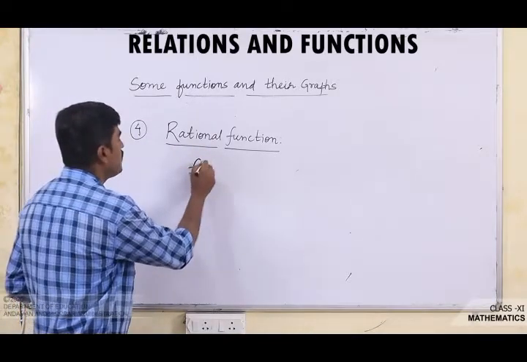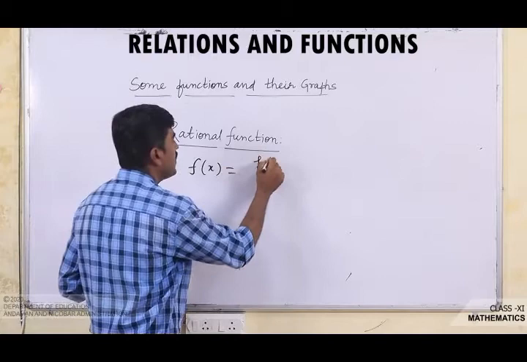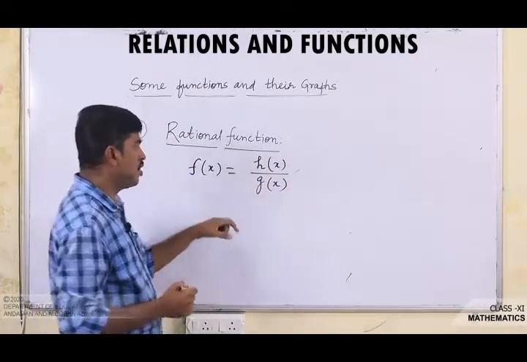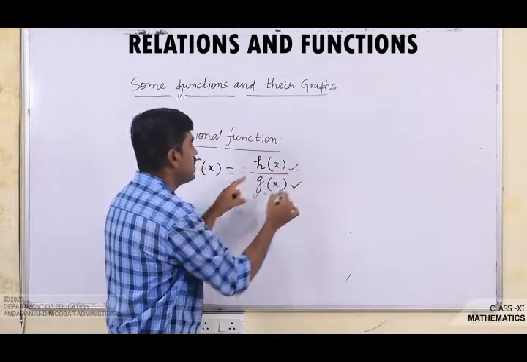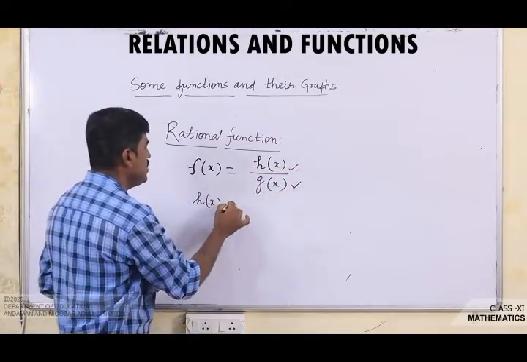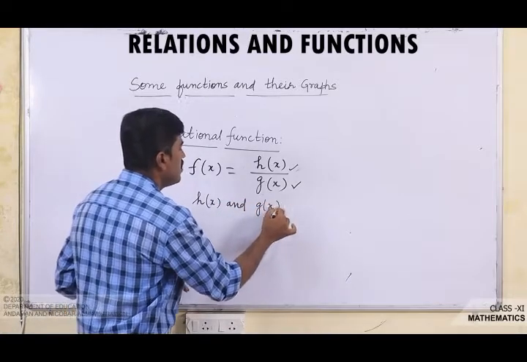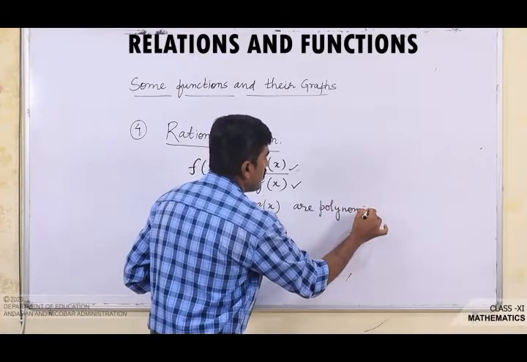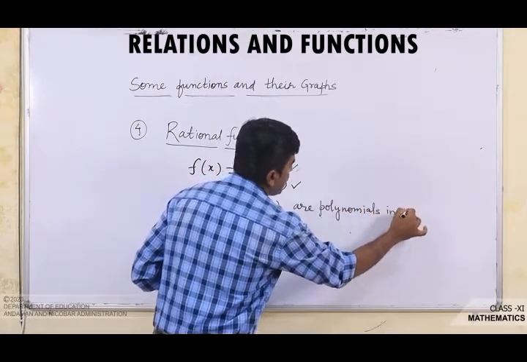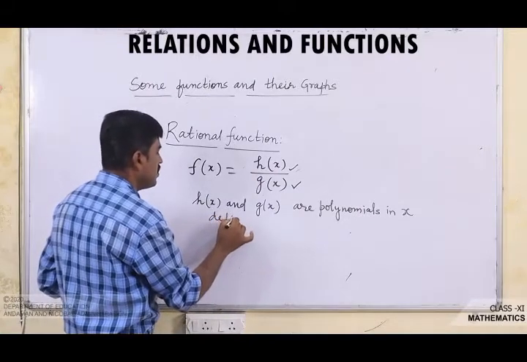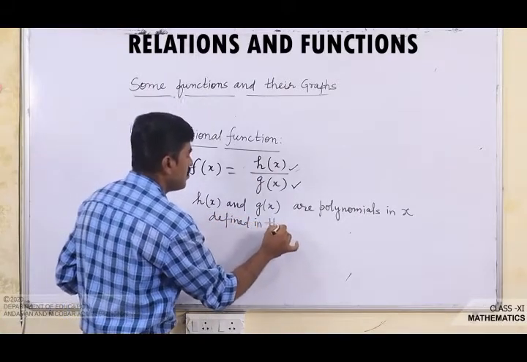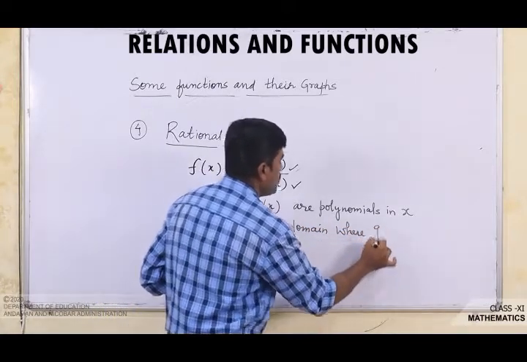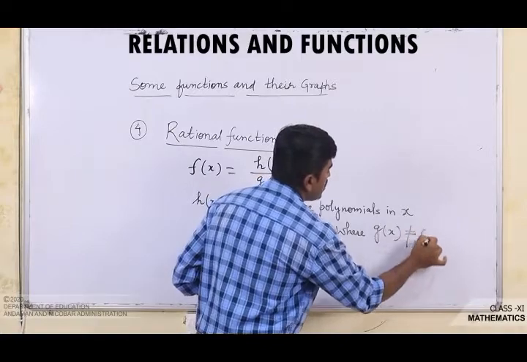So a function of the type f of x is equal to h of x divided by g of x, where h of x and g of x are polynomials in x, defined in the domain where g of x is not equal to 0.